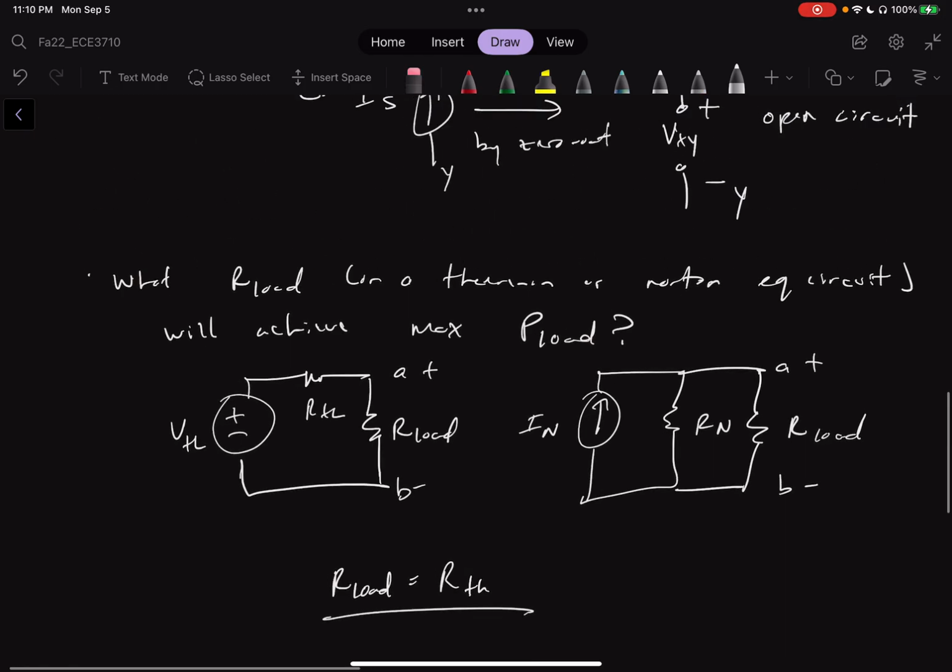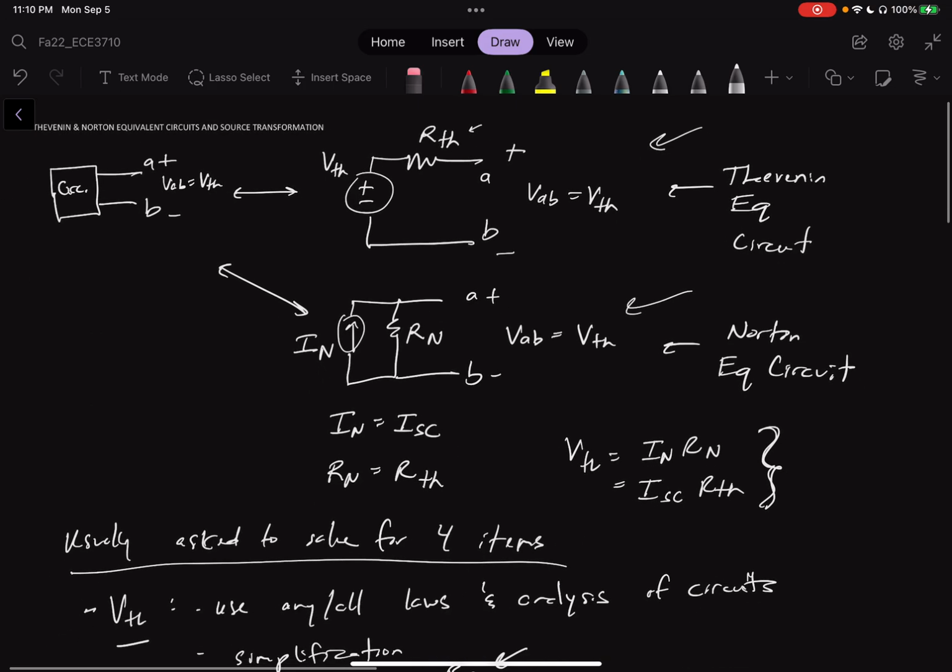Okay, so let's recap. Thevenin and Norton equivalent circuits are two equivalent circuits, top and bottom drawn here, that allow us to redraw a circuit in which you randomly decided to measure a voltage between node A and B, and you set that equal to the Thevenin voltage. And using Thevenin equivalent and Norton equivalent circuit analysis, you can redraw it or simplify it to any of these two drawings to your liking.